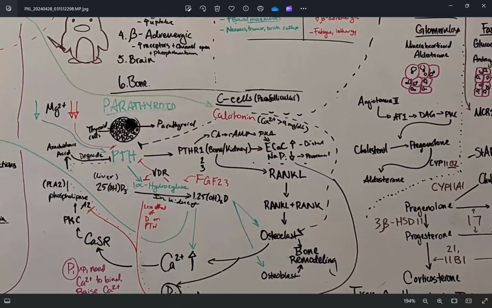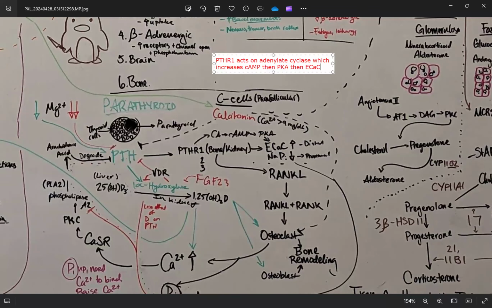Adenylyl cyclase will increase your levels of cAMP, increase PKA, and what that does, particularly in the kidney, is increase TRPV5. I don't remember how it goes. ECaC increases in the distal tubule, and then decreases NaPi, or phosphate transport, in the proximal tubule. So you'll have that difference of increasing calcium and decreasing phosphate in your serum, or vice versa in your urine.